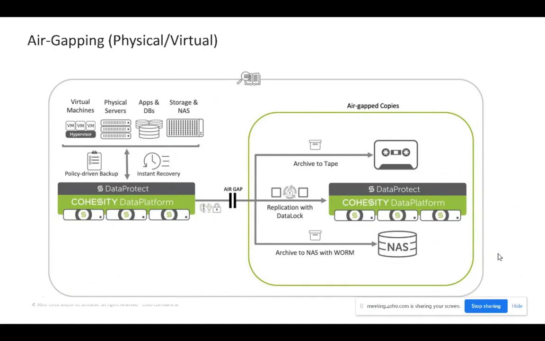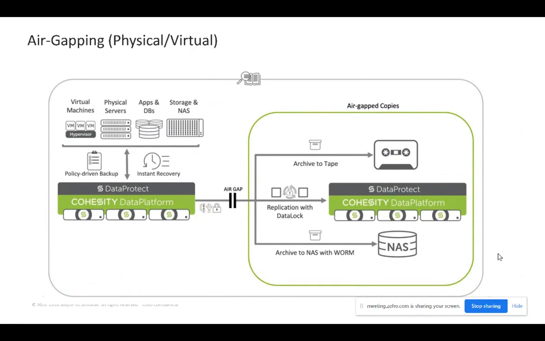Thank you. So one of the security topics here is air gapping, and what we give here is multiple options: either the physical traditional air gapping into tapes and then moving those tapes offline, or doing it in a new way, where you have another Cohesity cluster and you do virtual air gapping. It is the same result as physical air gapping, without the need for manual work and without making the data offline and not usable.